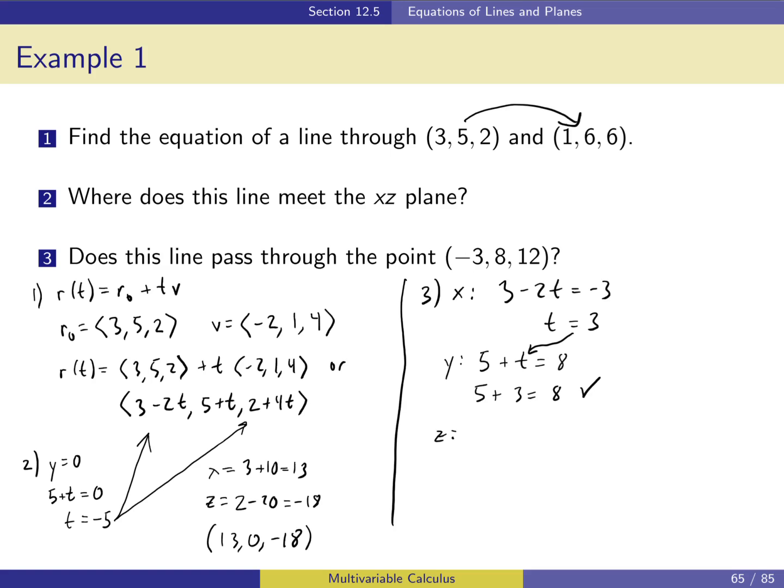For the z-coordinate, we want 2 plus 4t to be equal to 12. We can plug in t equals 3 again, because that's our only option. And we get 2 plus 4 times 3 equals 12. 14 equals 12. This is false. So when t equals 3, the x and y coordinates are correct, but the z-coordinate is not correct. That means that this line does not pass through that point.